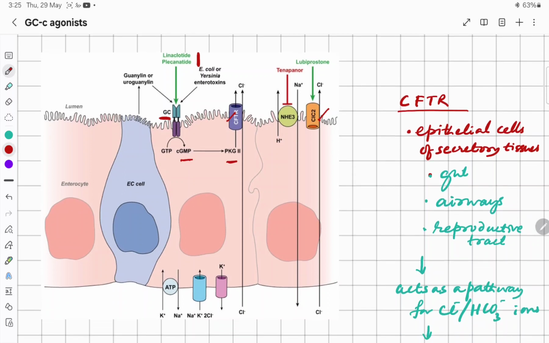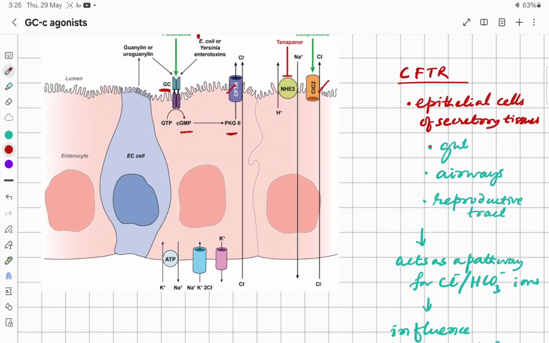So what is the CFTR? Cystic fibrosis transmembrane conductance regulator. These are located in the epithelial cells of secretory tissues present in the gastrointestinal tract, airways or bronchial tract, and reproductive tracts.